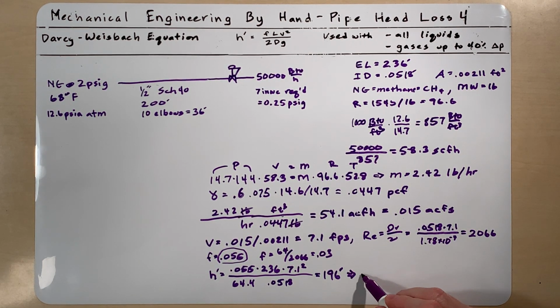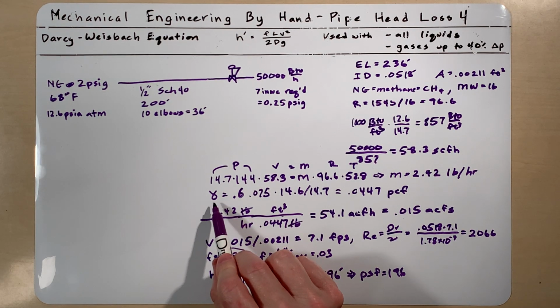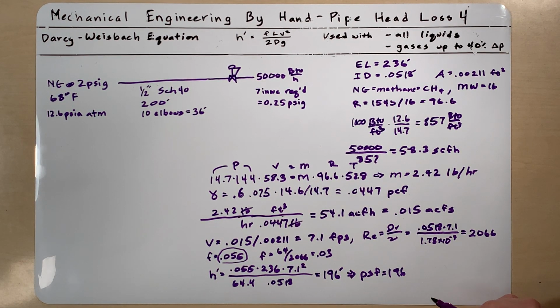Okay, so the PSF would be 196 times our specific weight, which is 0.0447. And that equals 8.76 PSF, which is equal to 0.061 PSI, and that equals 1.7 inches of water.